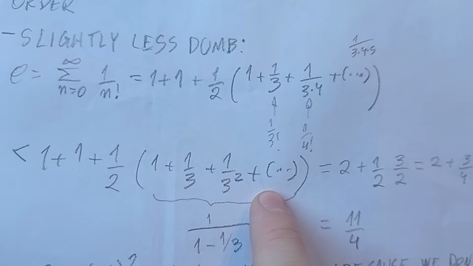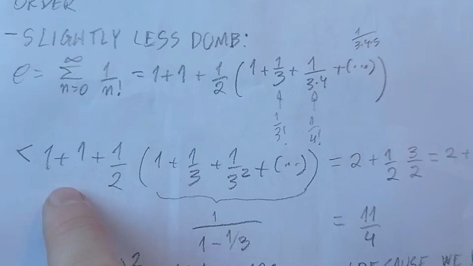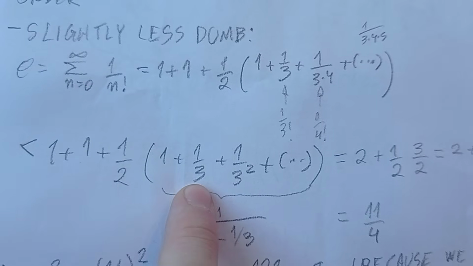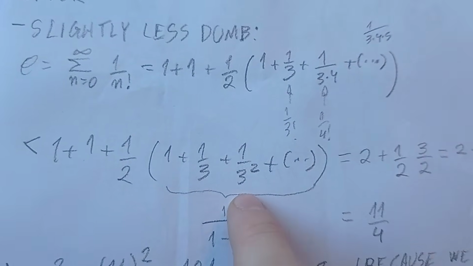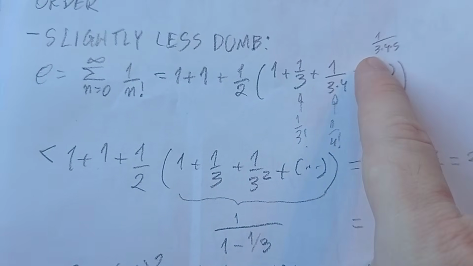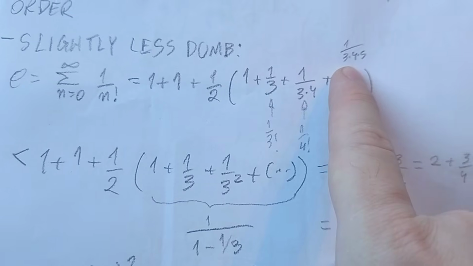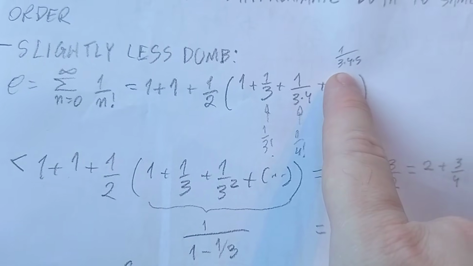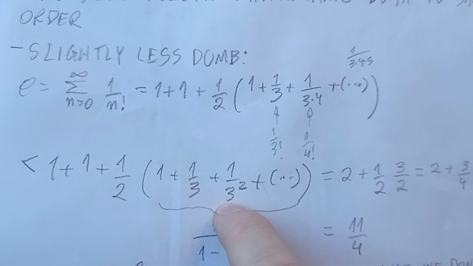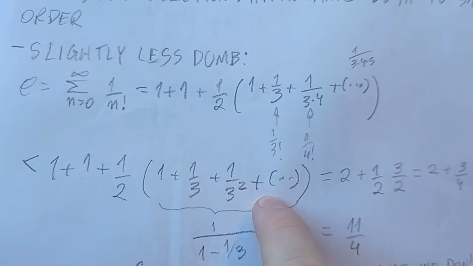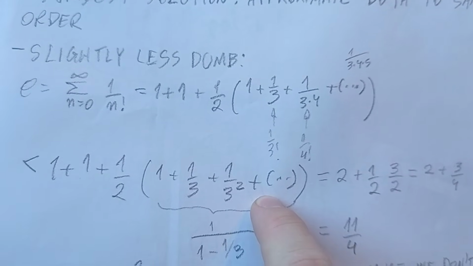geometric series as the sum, and this is strictly smaller than this, because this number is strictly smaller than this number, and 1 divided by 3 times 4 times 5, which is 1 divided by 60, is strictly smaller than 1 divided by 27, and so on and so forth.